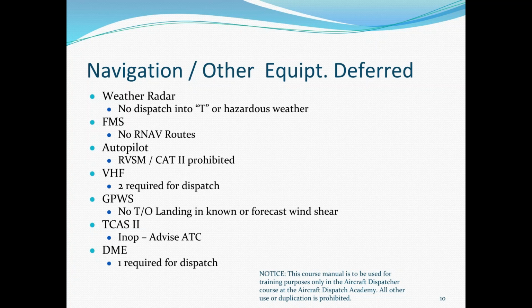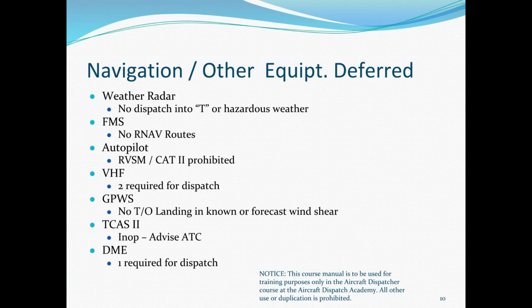RVSM is reduced vertical separation minimums, and that airspace requires separation of 1,000 vertical feet between flight levels 290 and 410. Perfect. So basically, if the autopilot's deferred, we can't fly above 290 because that is RVSM airspace.